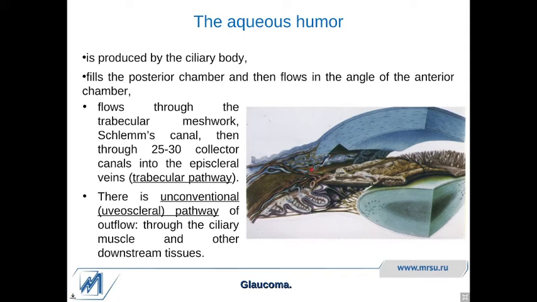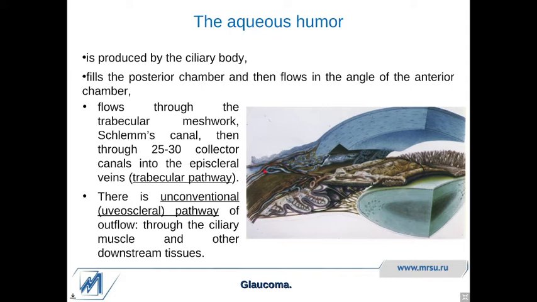Then the aqueous humor flows through the trabecular network. It is here. Schlemm's canal, and then through 25 or 30 collector canals into the episcleral veins. Here, episcleral veins.